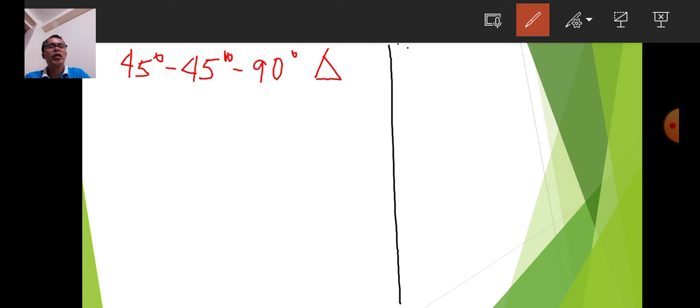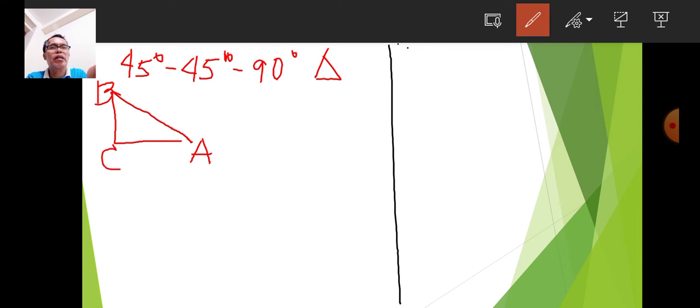So for example, if we have this triangle, if this is angle A, this is angle B, and this is angle C, and this is 45, so this is 45, and this is also 45.